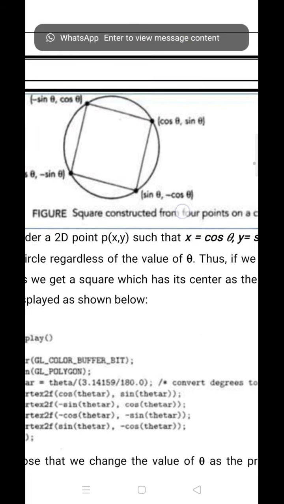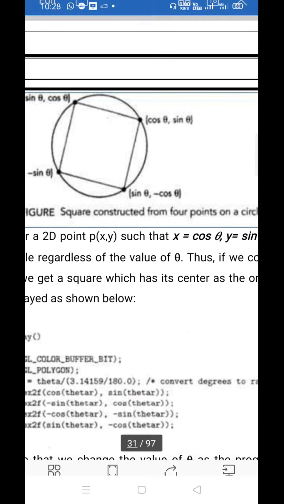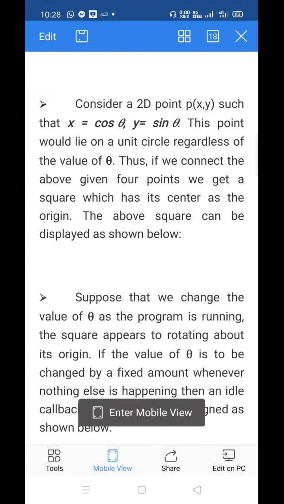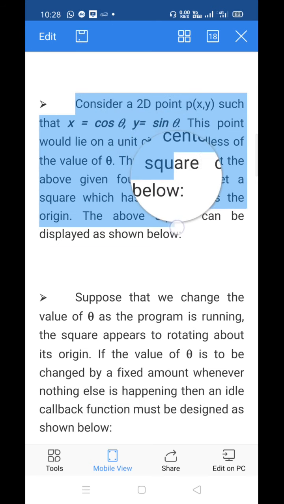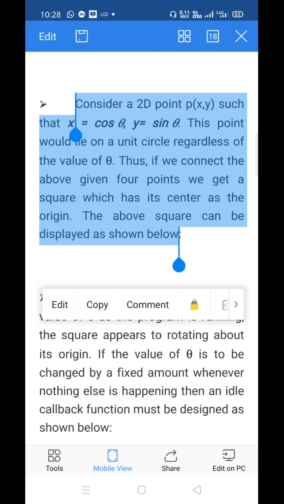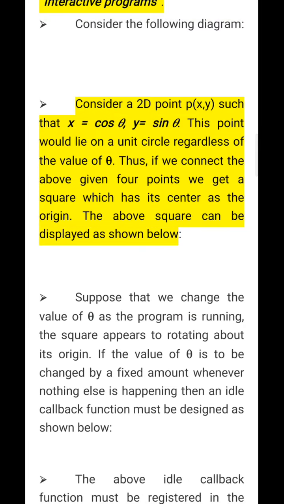Consider a 2D point P of x, y such that x equals cos theta and y equals sin theta, right? This point would lie on a unit circle regardless of the value of theta, right?